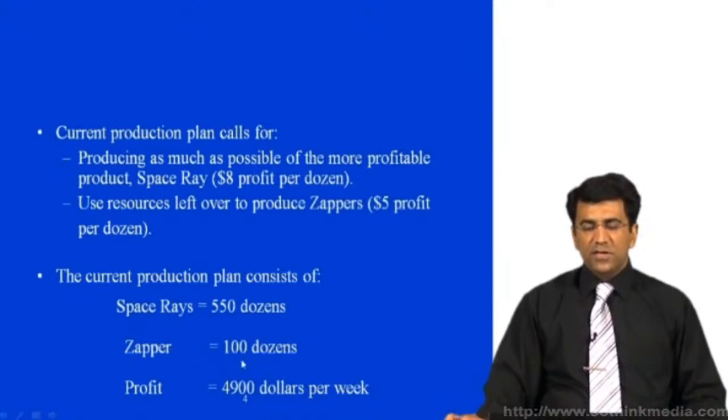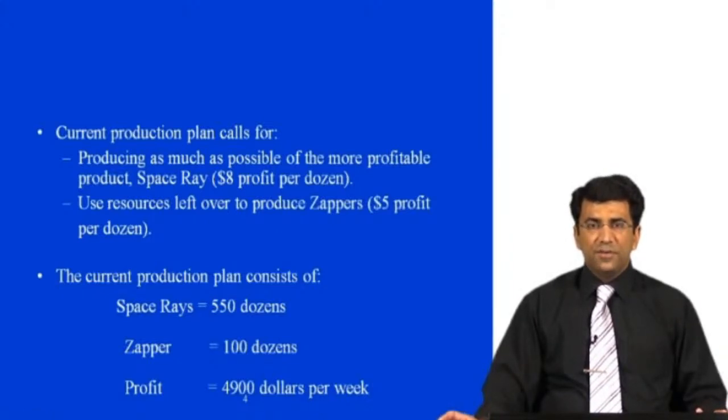In this particular case, there is a production plan before the operations manager that he should produce 100 dozens of zappers and 550 dozens of space rays, so that he can earn $4,900 per week. So this is the production plan in the mind of the managers.